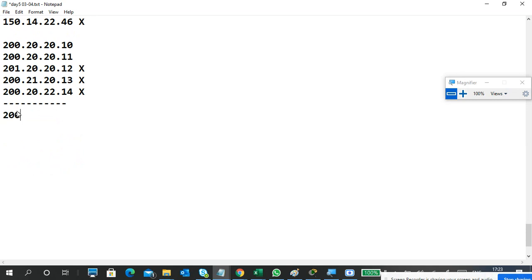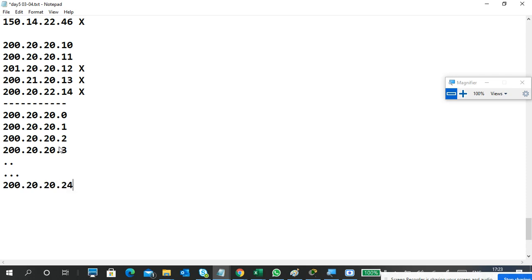So 200.20.20 is constant throughout the network. This is a starting IP address. I'll take here 1, 2, 3, like that we can put it.